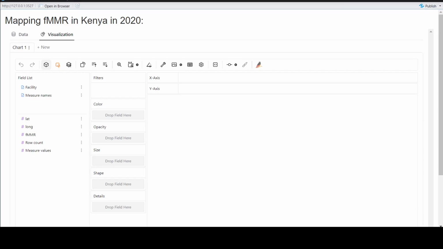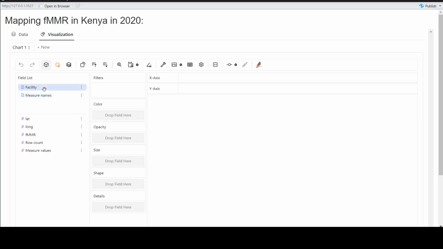We'll be using a data set that has all the maternal deaths and all the maternal deliveries in Kenya in 2020. This is different from the previous one because these maternal deaths are not reviewed at all, so it's just aggregate numbers of all the deaths that occurred in facilities in Kenya.